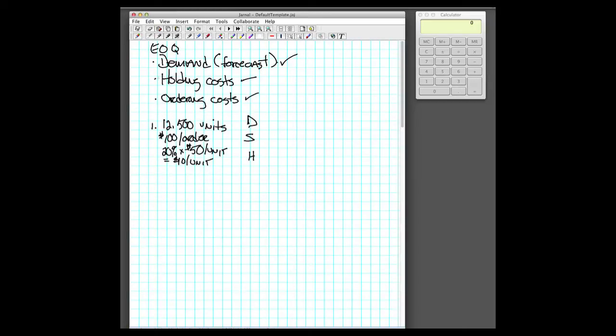Okay? Now, the derivation of the calculation recognizes that we're going to be incurring holding costs, carrying costs of inventory, and ordering costs over a period of time.